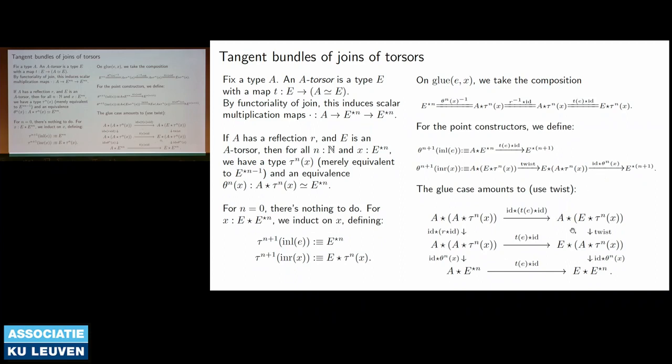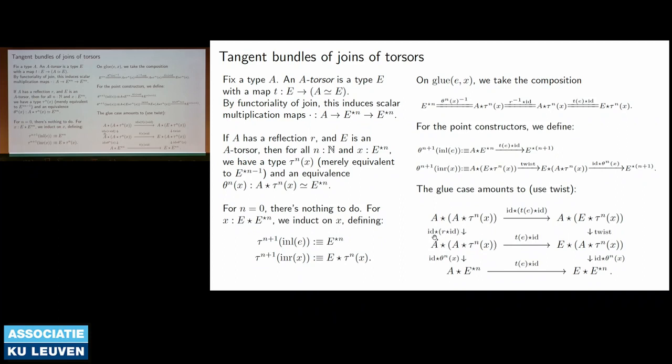And then the glue case, if you go around, so let's see, twist and ID times theta, that's the in-right case here. And on the bottom, we have T join the identity. And then I've changed the direction for what we have to compare it to because it's easier to get the commuting diagram in this direction.